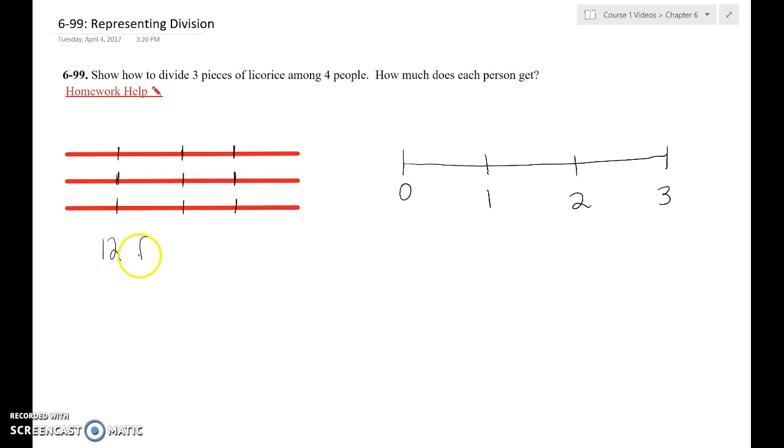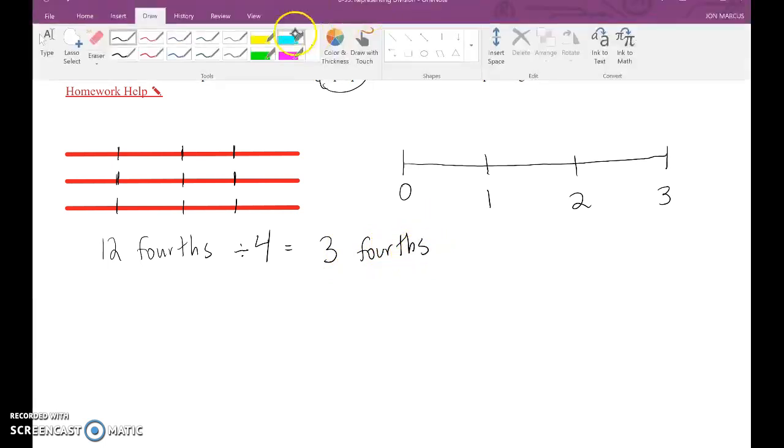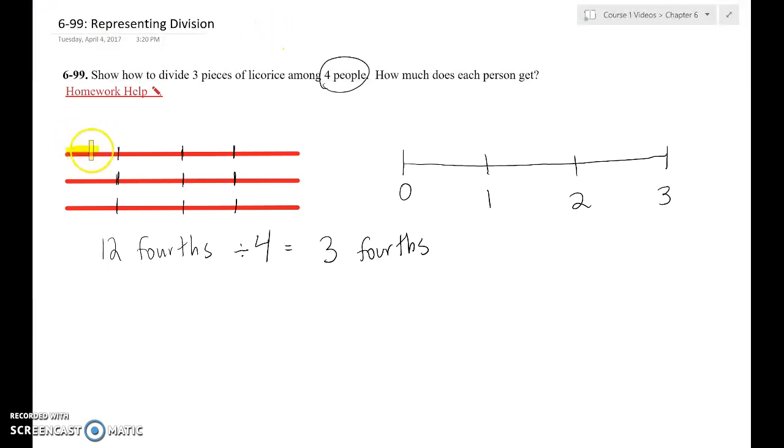We have 12 fourths. Can we share those 12 pieces amongst 4 people? Yeah, we could. If we divide that by the 4 people, it gets 3 fourths per person.